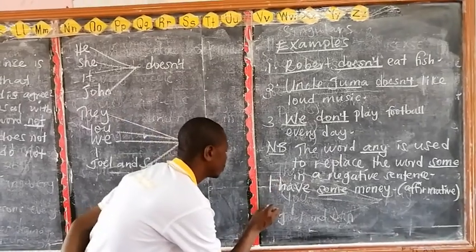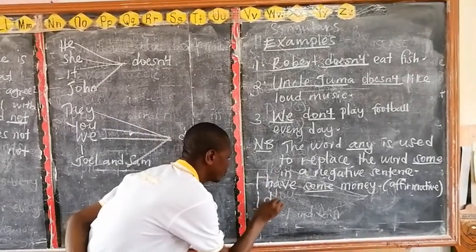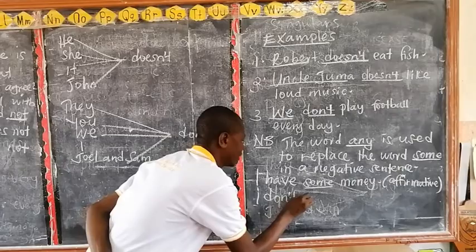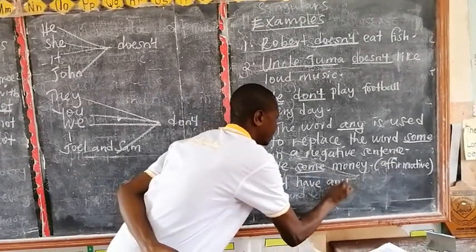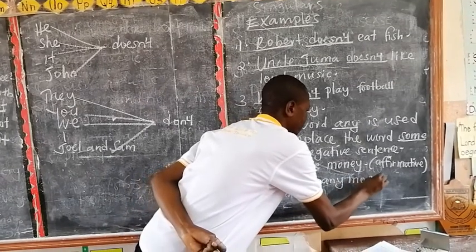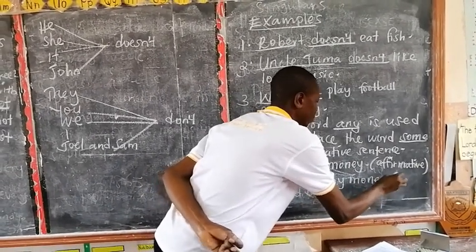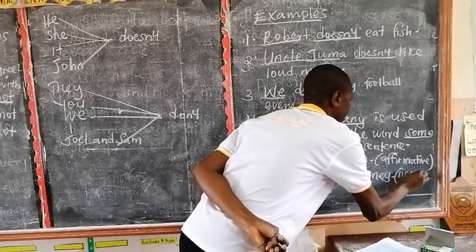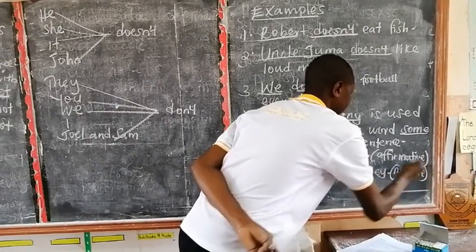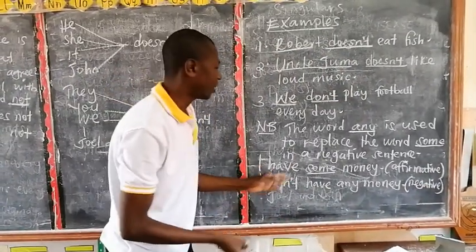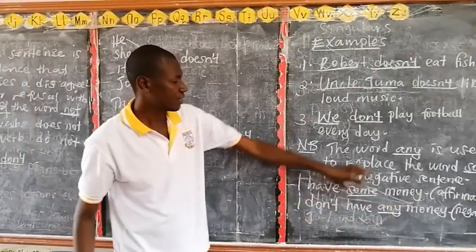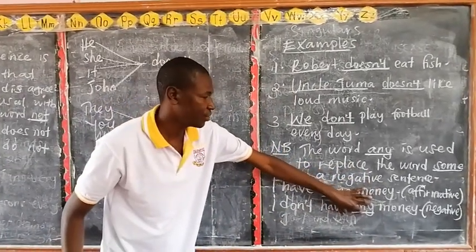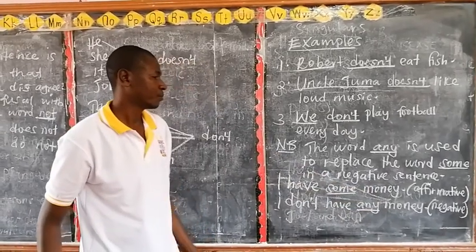That means it is going to become I don't have any money. So this one is now negative. So you have seen how we have changed it from some to any.